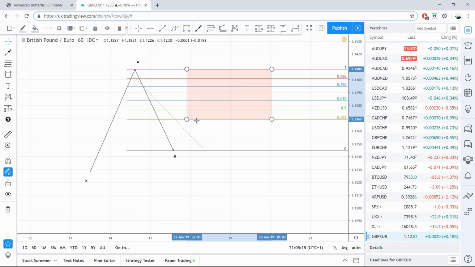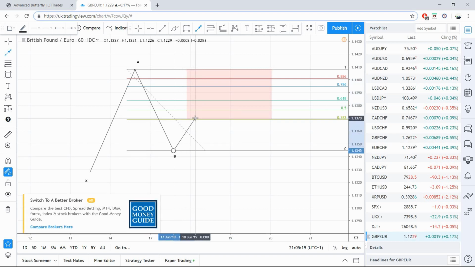So you can have a retracement anywhere within this red box here. So this zone here can be our C point. Even if price exceeds this, again, the wick can exceed the 382 and price can close below it, that's fine. But up here, we cannot have price exceed that A point at all.